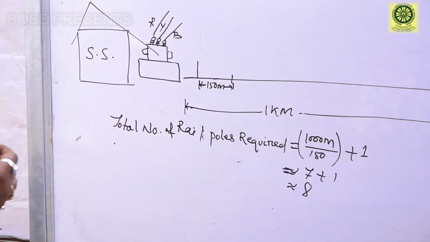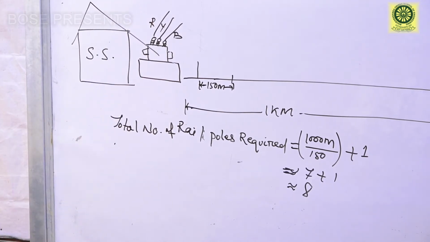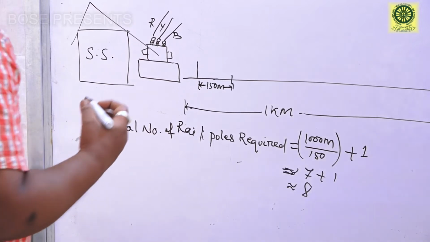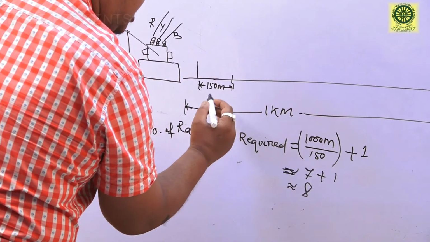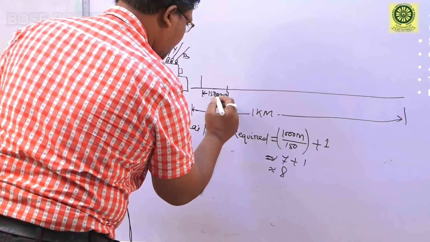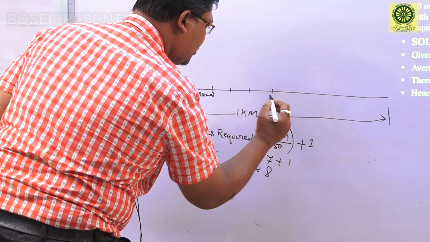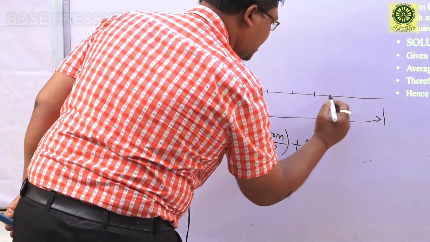Total number of rail poles required is 8, and the last pole will be H structure. So that is the 7 intermediate poles, 1, 2, 3, 4, 5, 6, 7.